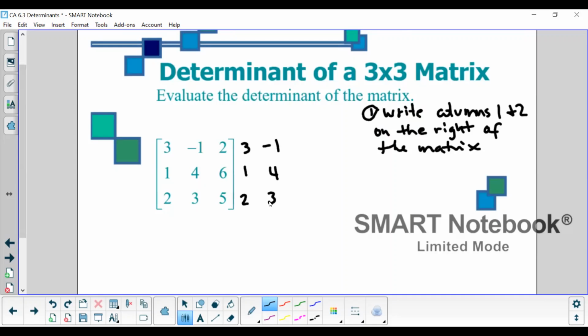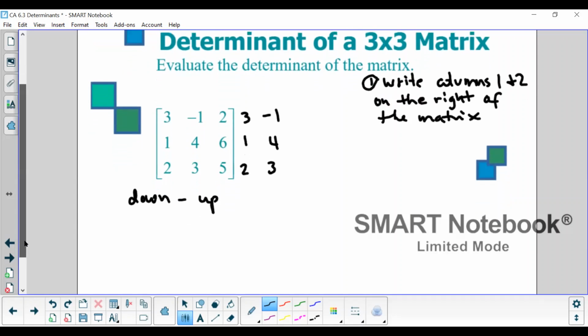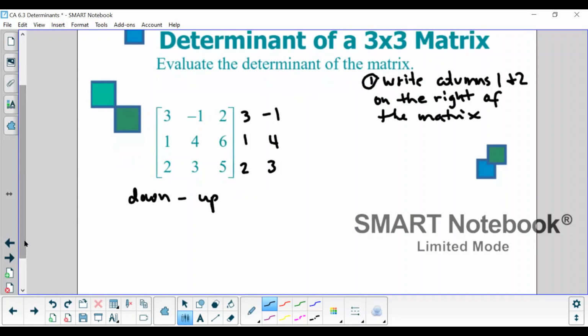And we're going to do the downs minus the ups. So here's the first down diagonal, right here. 3, 4, 5. You want to multiply those three things together.